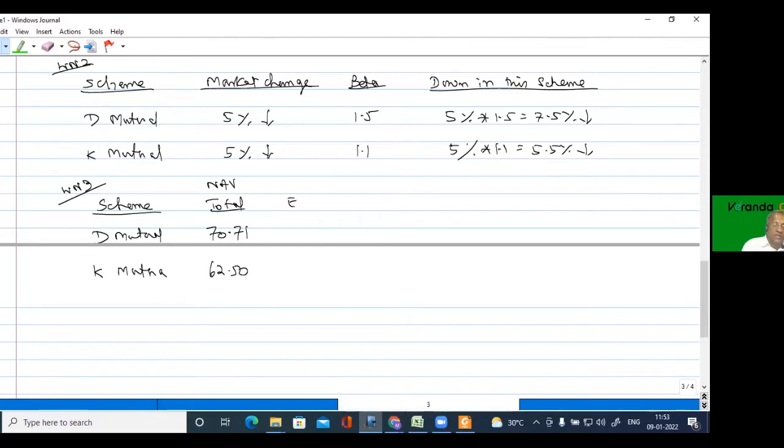So percentage of equity is 99% and 70.71 into 0.99.